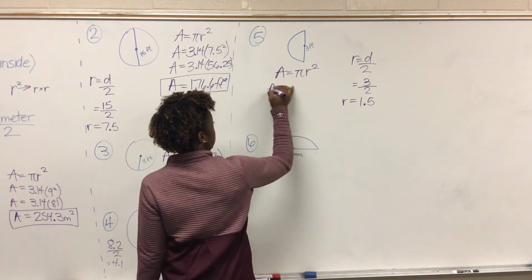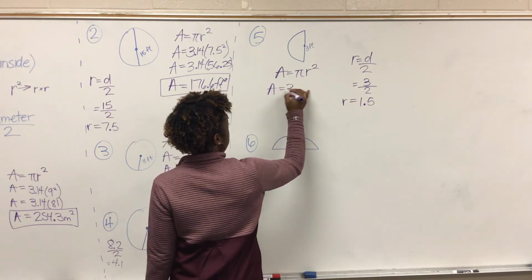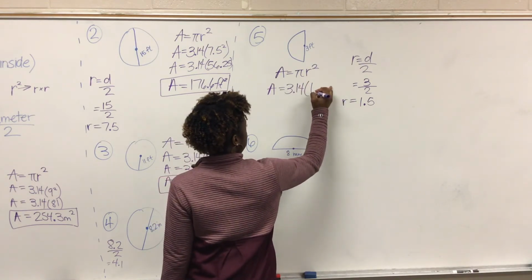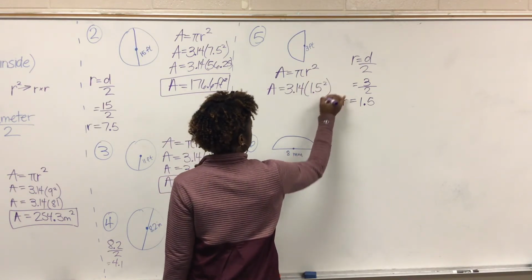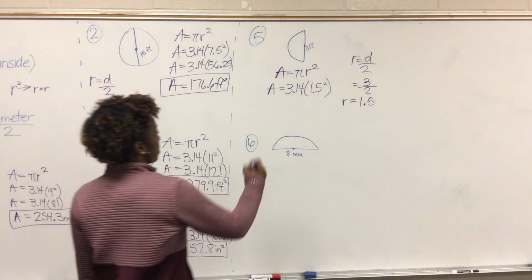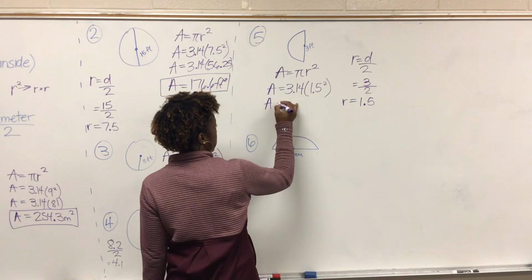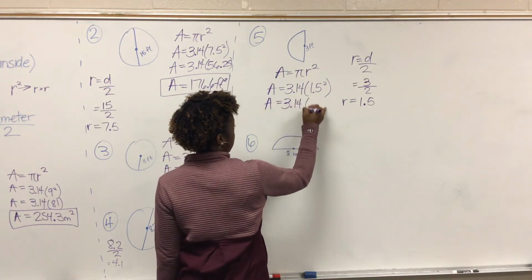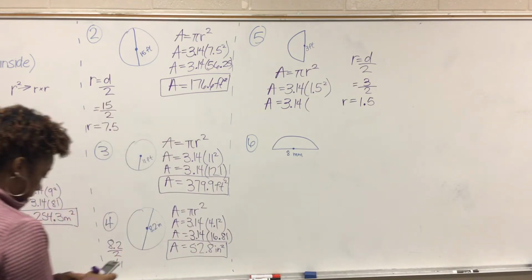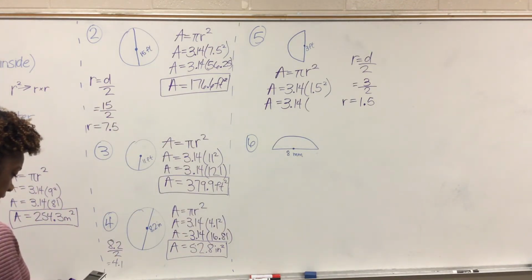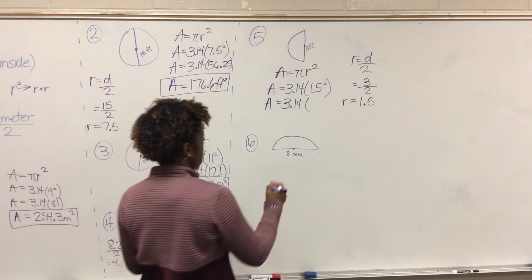The area equals 3.14 times 1.5 squared. So I need to square 1.5. That's 1.5 times 1.5, and that'll give me 2.25.